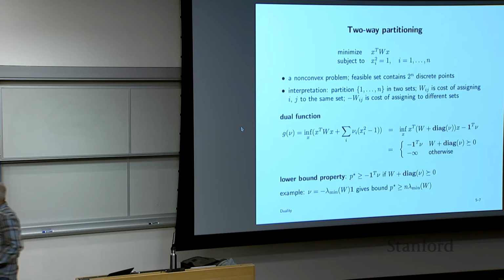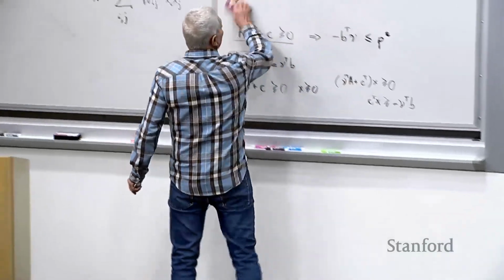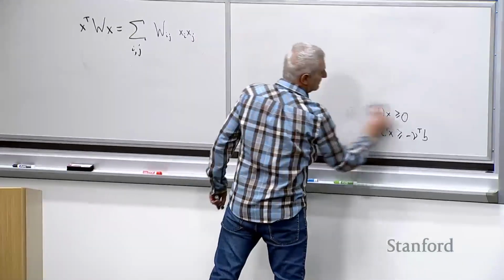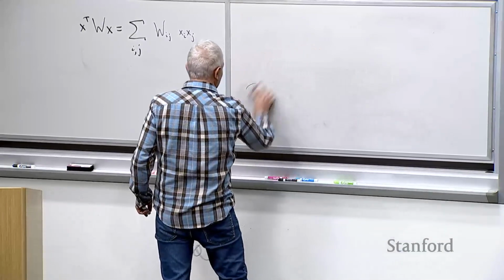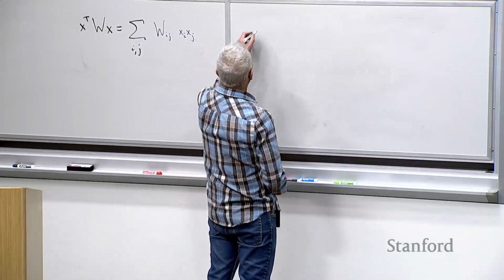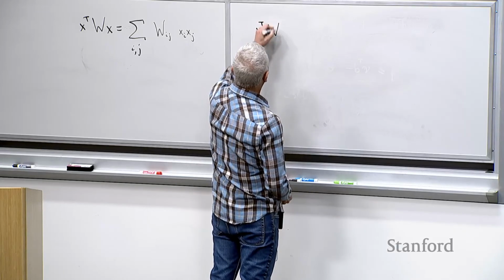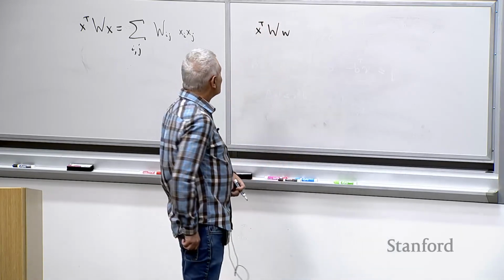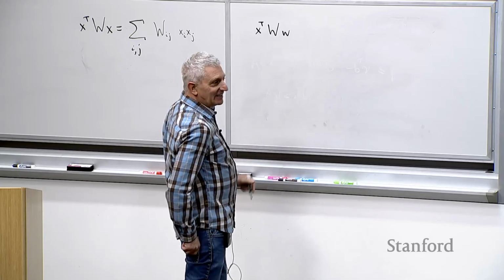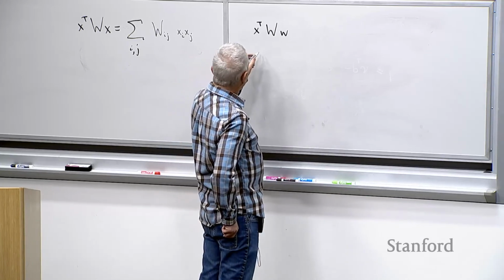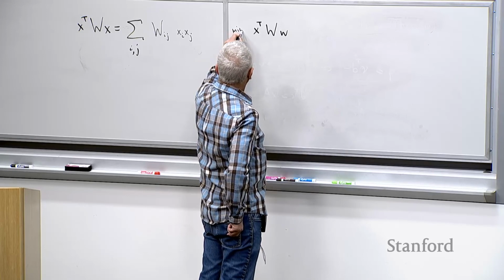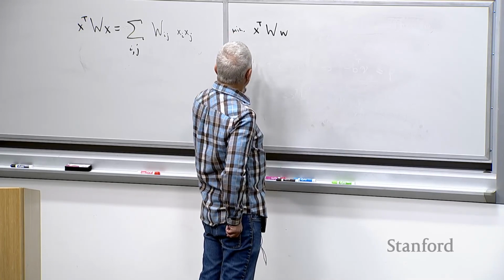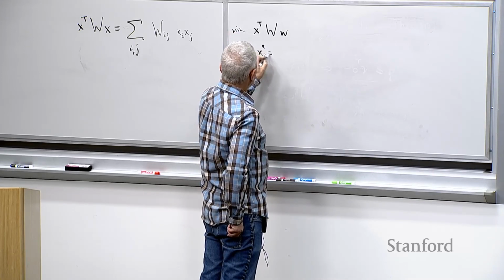I won't go into the details, but let me just explain it very quickly. I'll give a very simple version of it, right? So you have this thing, and then we're going to minimize this thing, subject to xi squared equals 1.